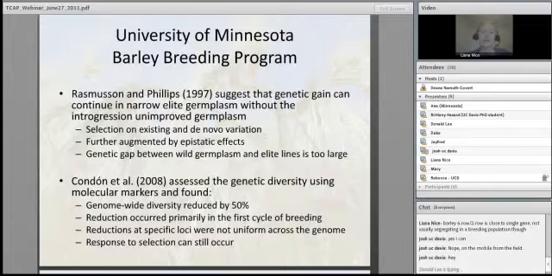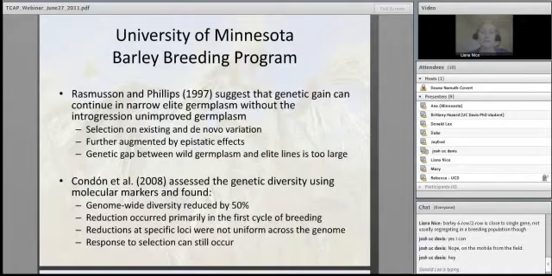And they suggested that selection on existing and de novo variation, as well as further epistatic effects that could be coming out in breeding cycles, would be sufficient to continue the improvement of barley. But they claim that the genetic gap between wild germplasm and elite lines is just too great to start bringing in very unimproved exotic germplasm.